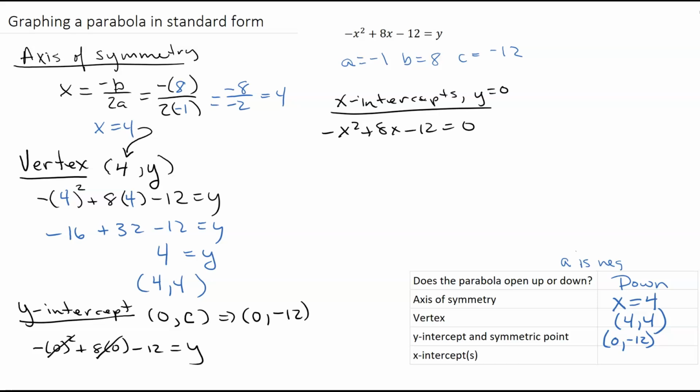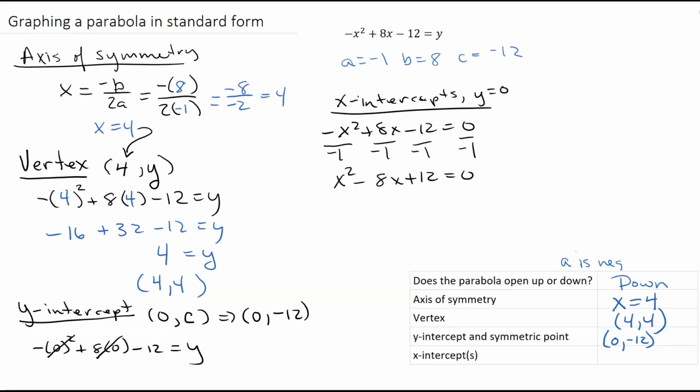Not everything factors, but if it does, that can be a quick way to find my intercepts. I can always use the quadratic formula. If I'm going to factor, I like to have a positive coefficient for my squared term. This has a negative in front, so I think I'll just go ahead and divide each term, both sides of the equation, by negative 1. That's something I can do as long as I do it to both sides of the equation.